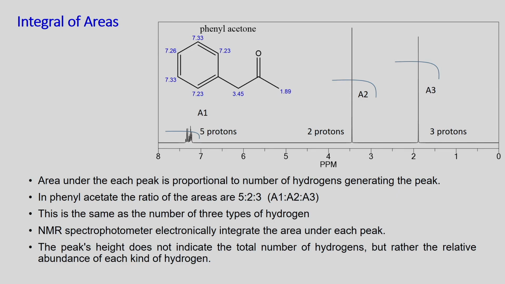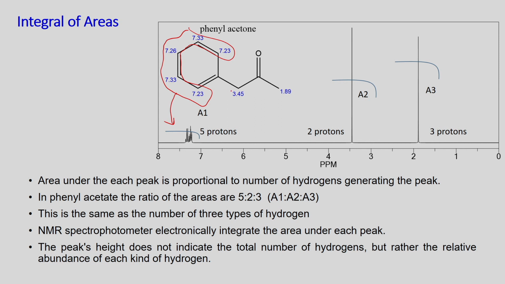Let us revisit the problem of phenylacetone. Now you see how many sets there are: A1, A2, A3. One is due to this set, so this set is A1. We have 1, 2, 3, 4, 5 protons appearing at this higher end of the chemical shift.